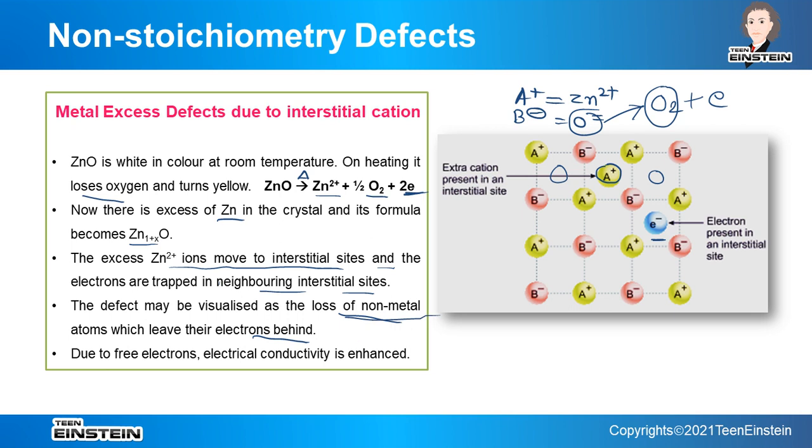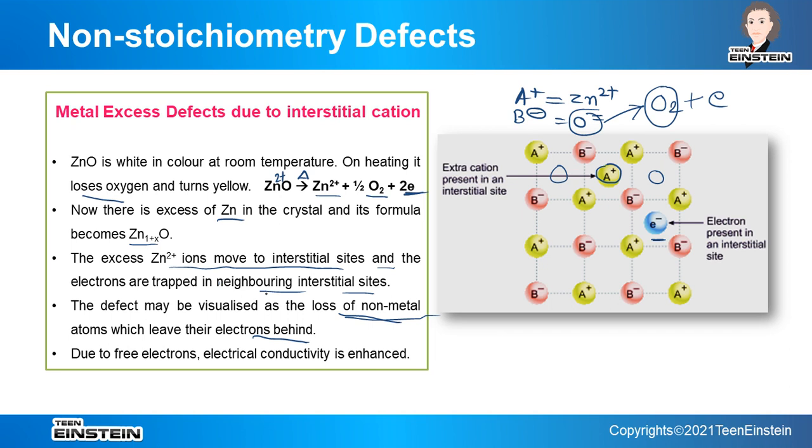Because of these free electrons, which are generated when the conversion of oxide to O2 takes place, since Zn2+ is already in cationic form, it is not that these two electrons are coming from Zn2+. These are actually electrons of oxide.